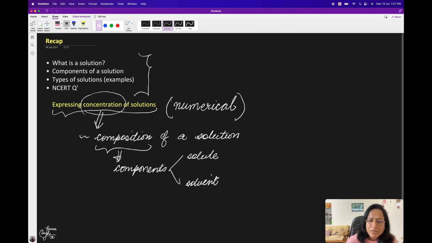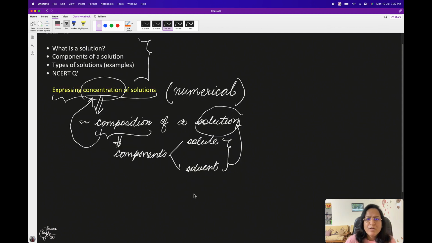So composition means how much solute or solvent or both are present in a solution. That is called composition, and that is what we call the concentration of a solution.